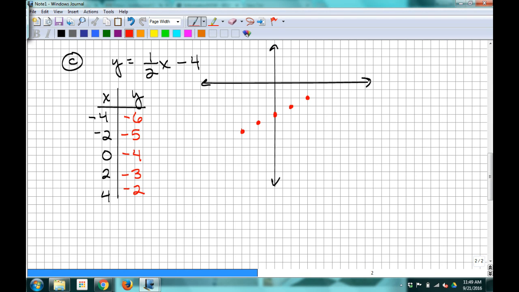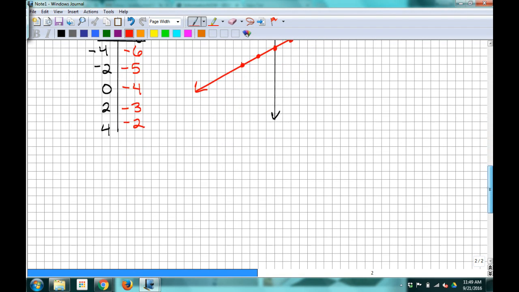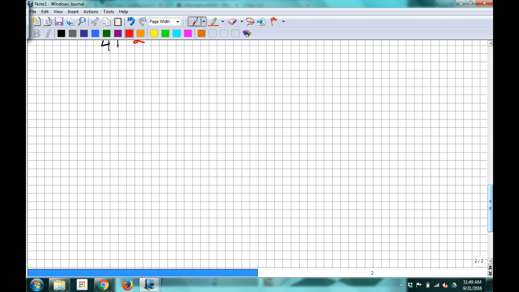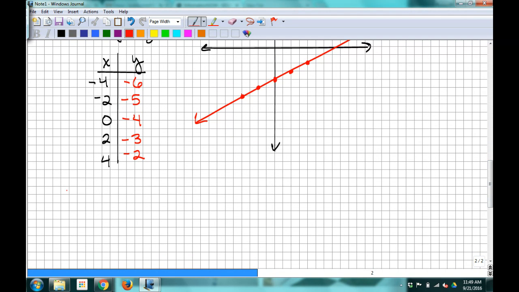Everything we do today should make a straight line. Draw a line connecting those with arrows on its ends. Not too bad. Pretty easy thing to do. All right. Leave that there. You can still see it.